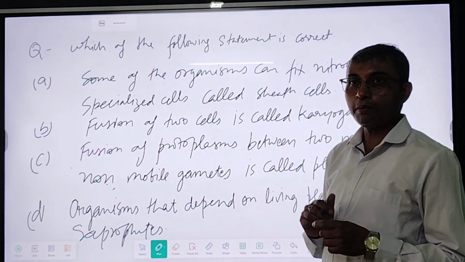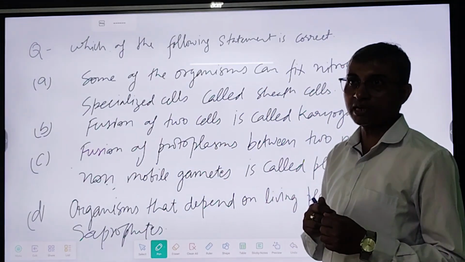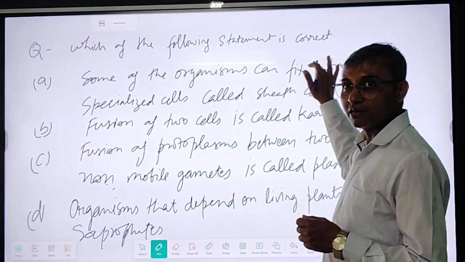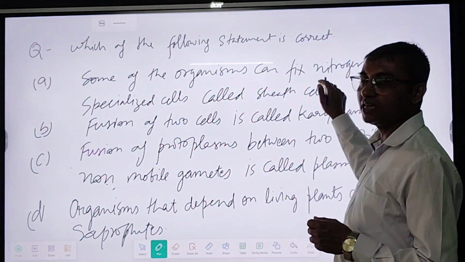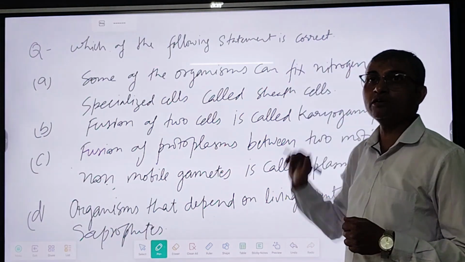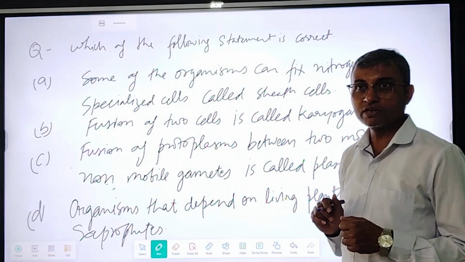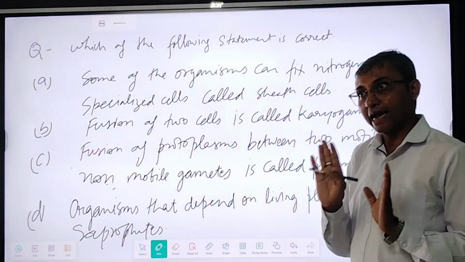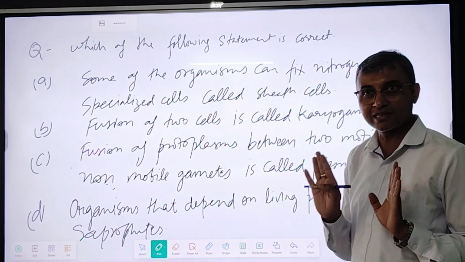And they prevent the exit of carbon dioxide. So they help carbon dioxide fixation, not nitrogen fixation. So this option is incorrect. At least you came to know where sheath cells or bundle sheath cells are found.